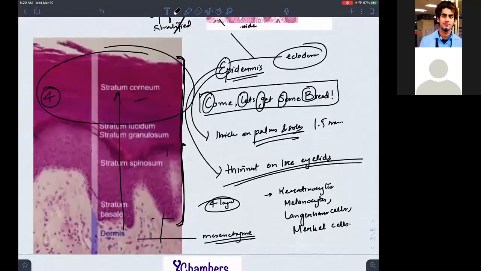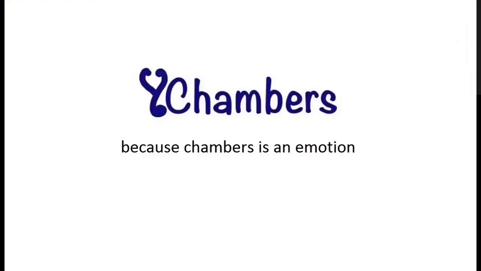If you want to find the final dead cell, it should be in the corneum. So things should be coming towards the stratum corneum. The time taken for these basal cells to reach the skin surface is called transit time.